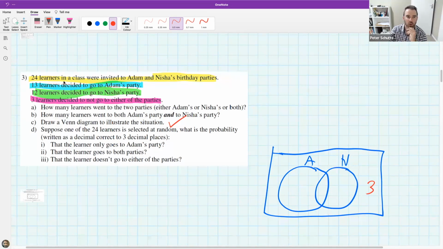So 24 learners were invited to Adam and Nisha's party. 13 decided to go to Adam's party, 12 went to Nisha's, and 3 learners decided not to go to either of the parties. So this is 3. The whole sample space is 24. What we now need to figure out is what goes in here. So important. Does that help?